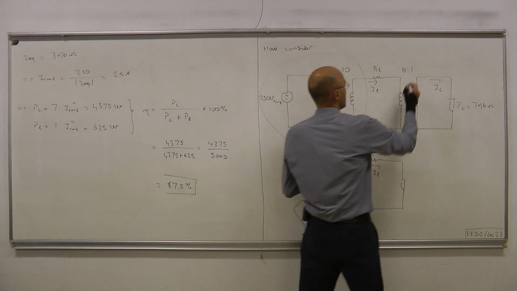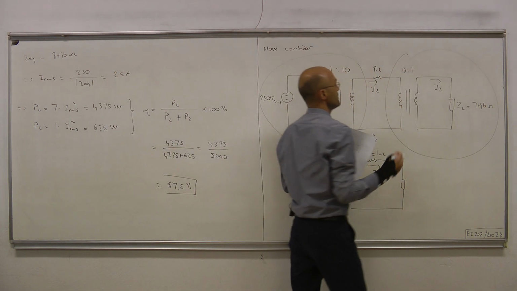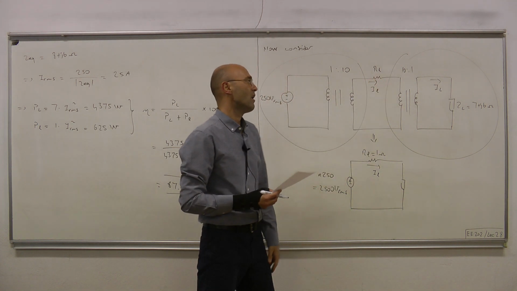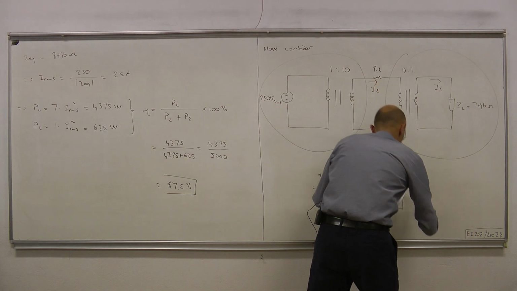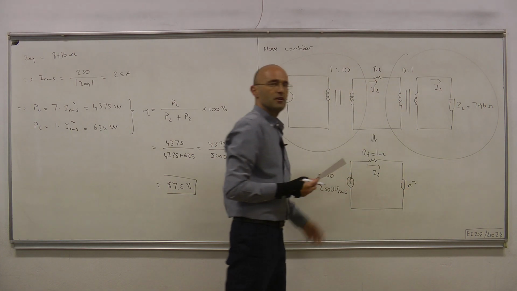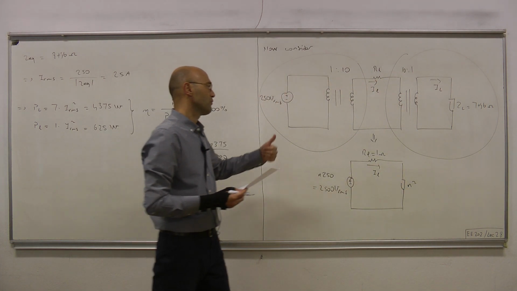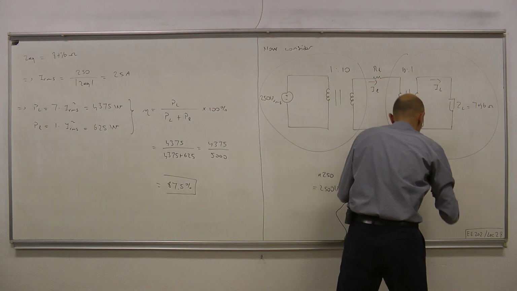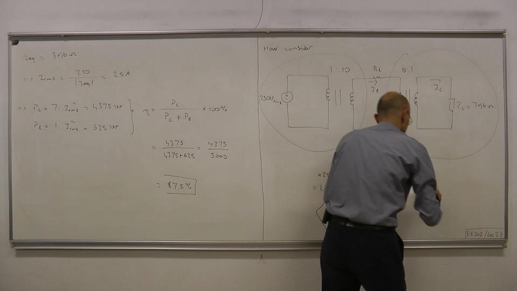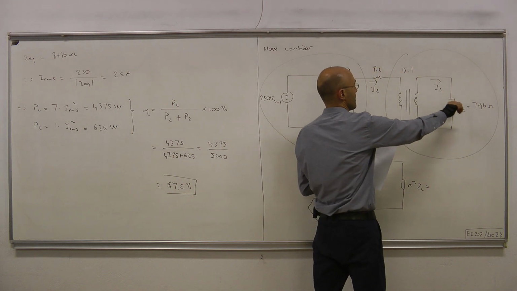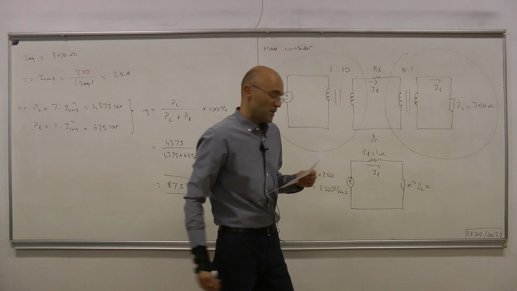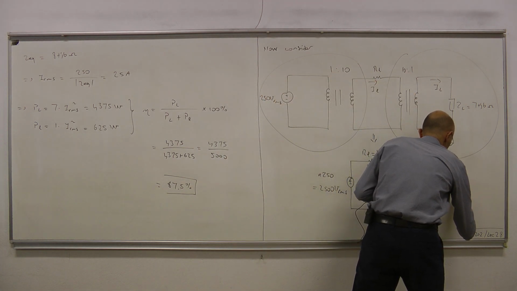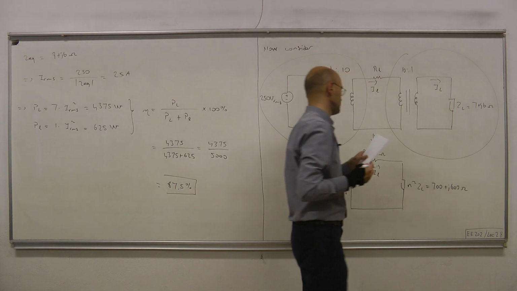And we do the same thing here. We replace this by the equivalent impedance seen by RL, and we have derived this in one of our previous lectures: square of the turns ratio times the impedance. So we have N squared ZL, where N is 10 and ZL is 7 plus J6, so we're talking about 700 plus J600 ohms.